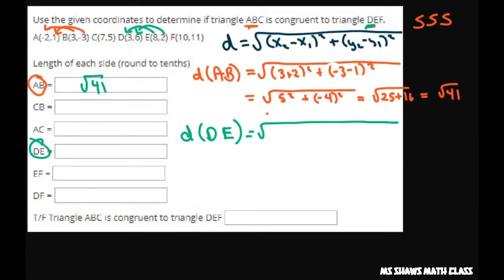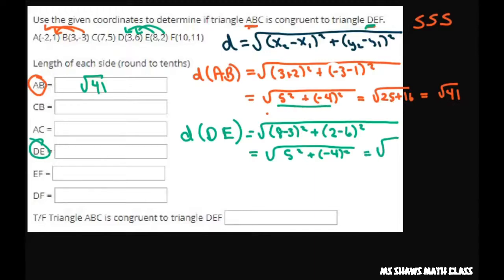So I'm going to go 8 minus 3 plus 2 minus 6 squared. So that gives me 5 squared plus negative 4 squared. As you can see, these two are the same. So that is the square root of 41. So we have the first two that match.